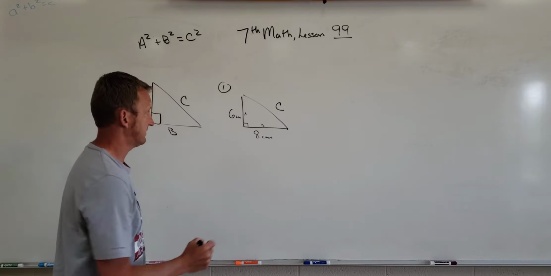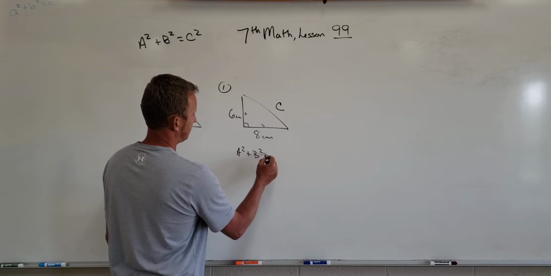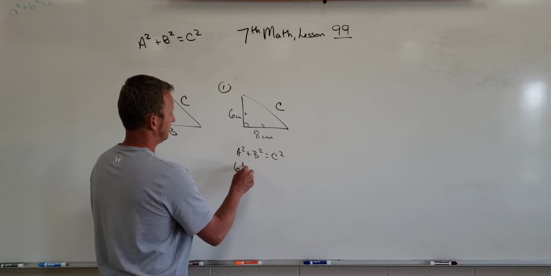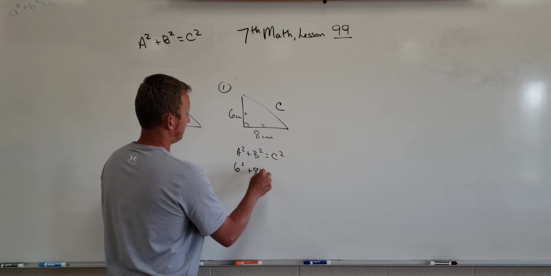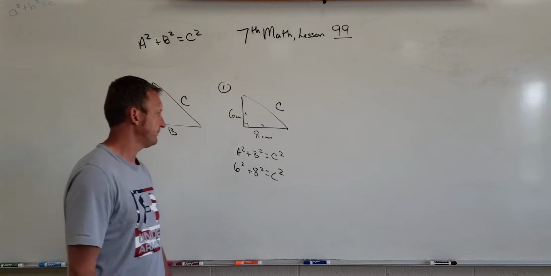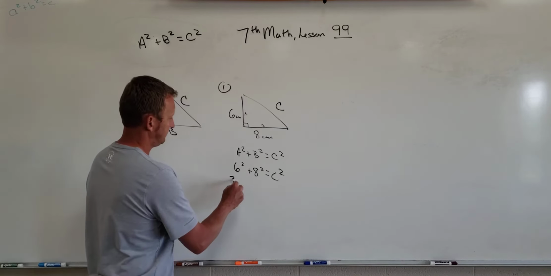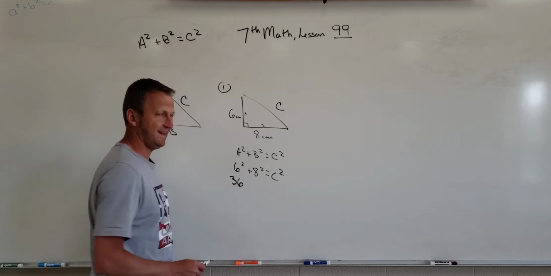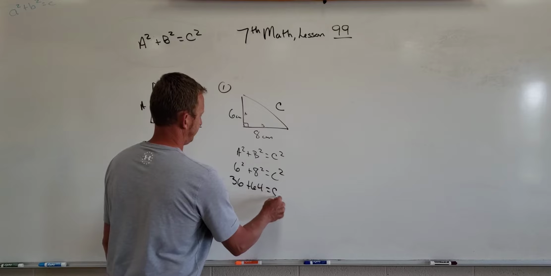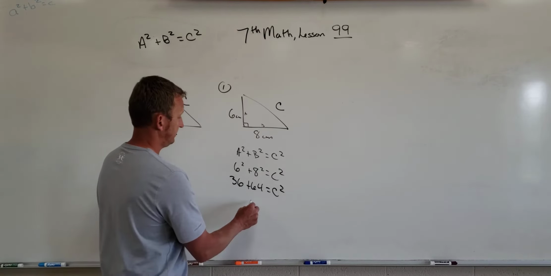So A squared plus B squared equals C squared. A is 6, B is 8, C we don't know, so we're trying to find it. 6 squared, 6 times 6 gives me 36. 8 times 8, 64. If we add those together, we end up with 100.